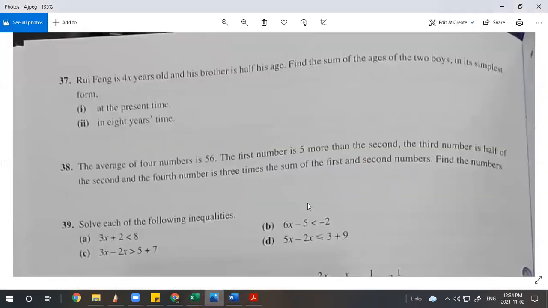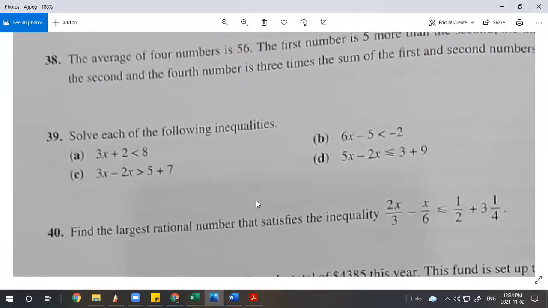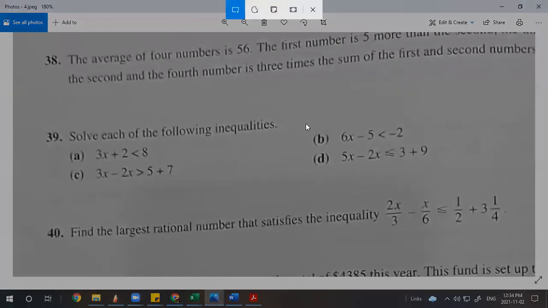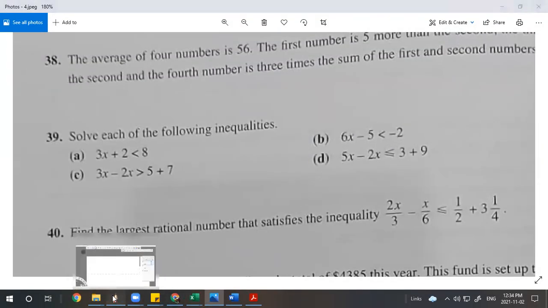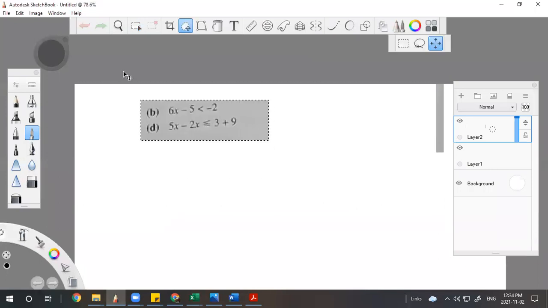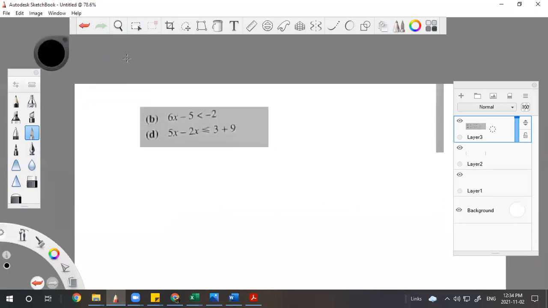39. Oke, 39 ya. Solve this equation. Ini nggak terlalu susah guys, pelan-pelan aja. Yang B, tulis ulang ya.